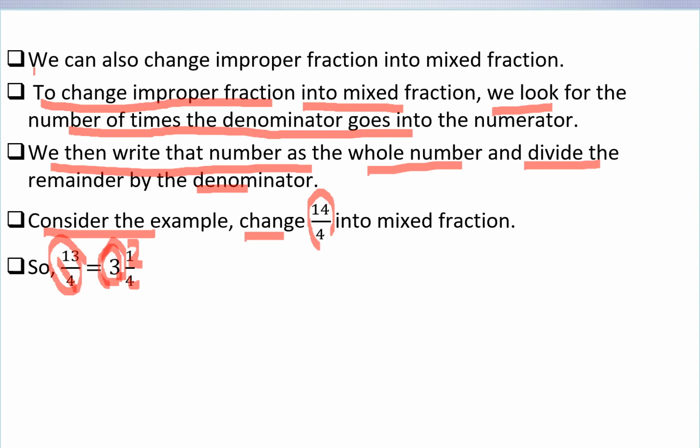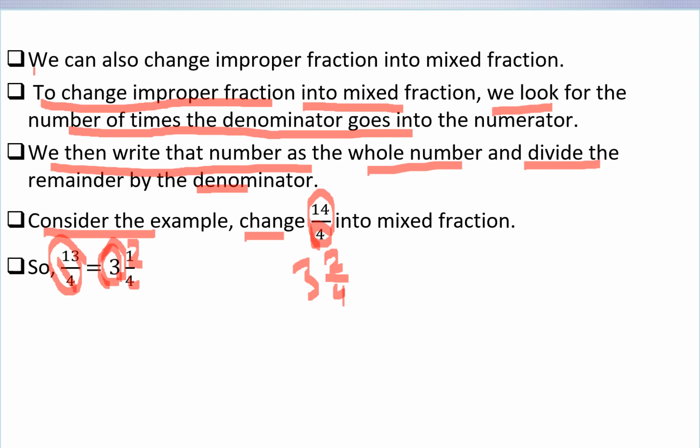So when we have 14/4, 4 will divide 14 three times, because 3 fours are 12. Remainder 2, so that 2/4.